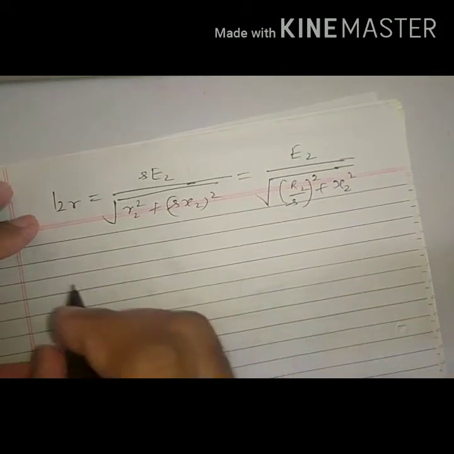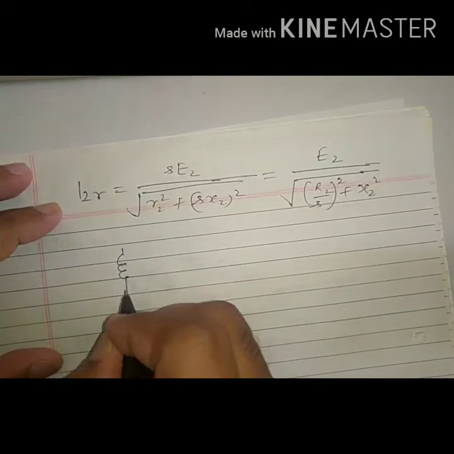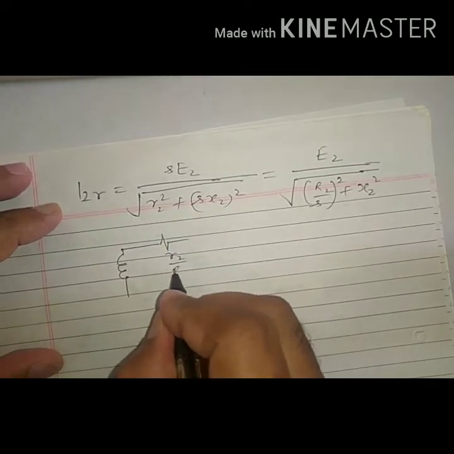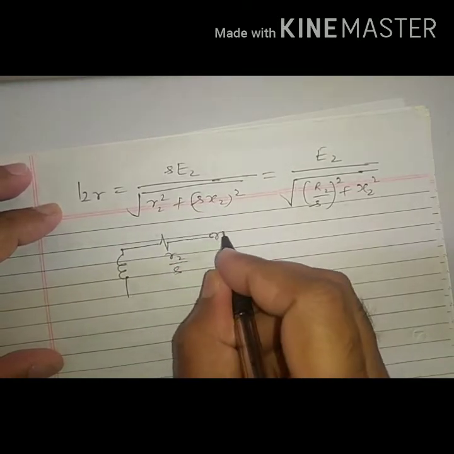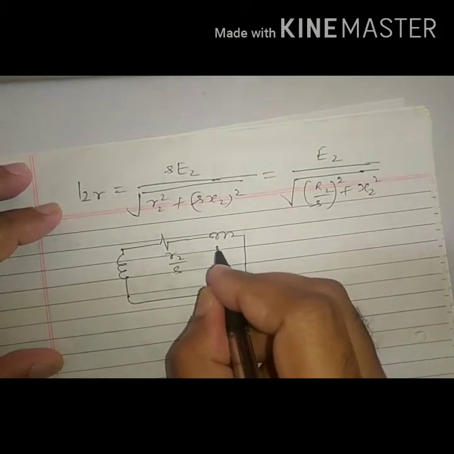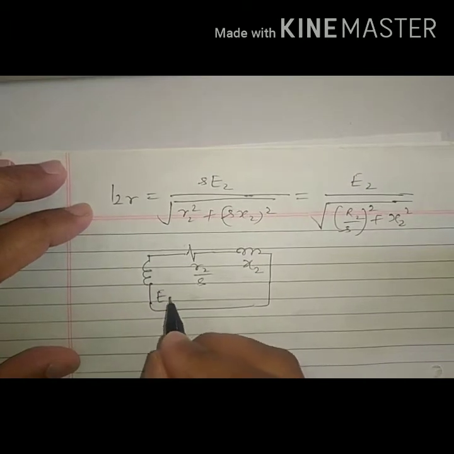Right. So the rotor circuit will be modified as: this is the rotor circuit, we have R2 by S and this is X2, and this is E2.